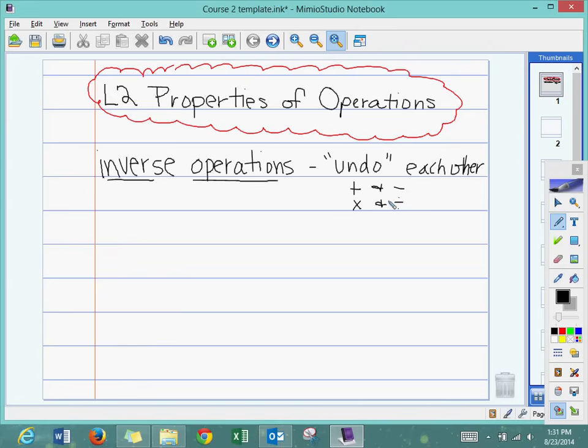Some of the properties of operations that you need to be familiar with, we'll go over right now. Commutative property. Make sure you spell this correctly. It is C-O-M-M-U-T-A-T-I-V-E, commutative property.